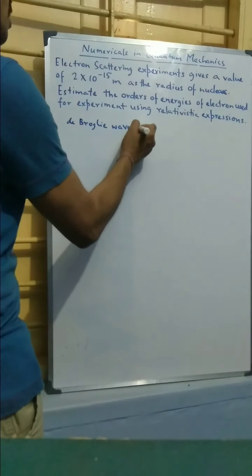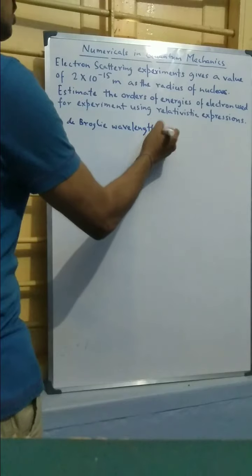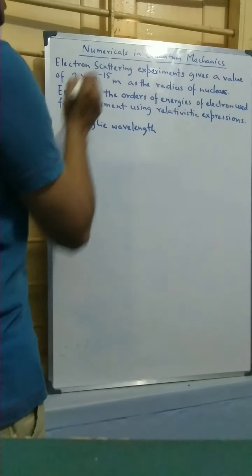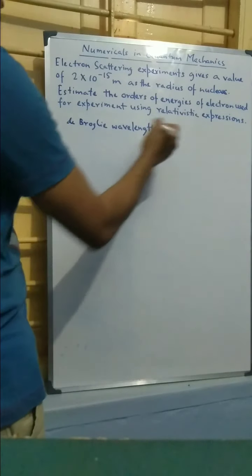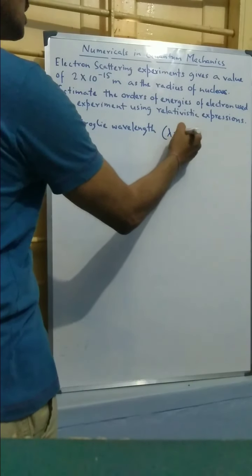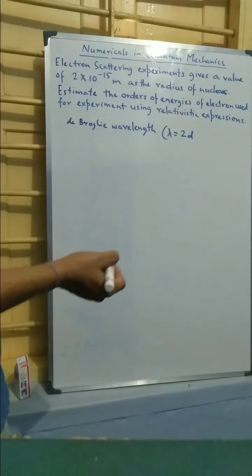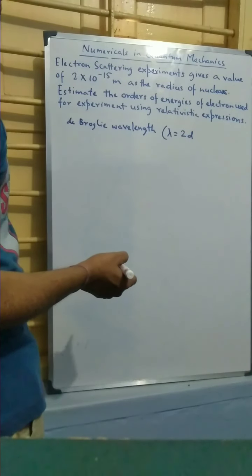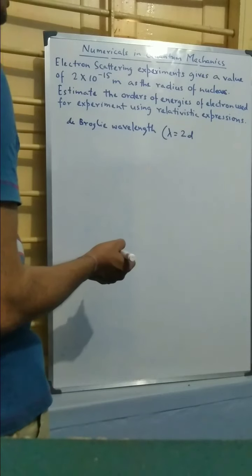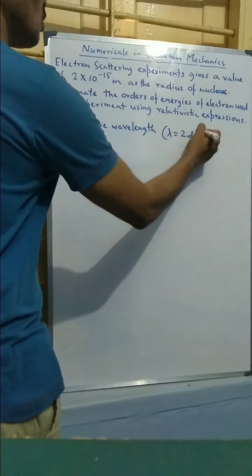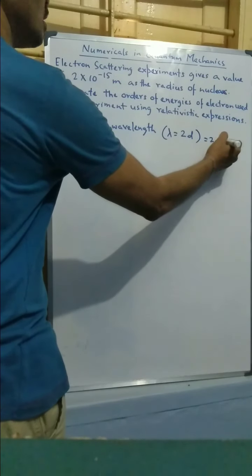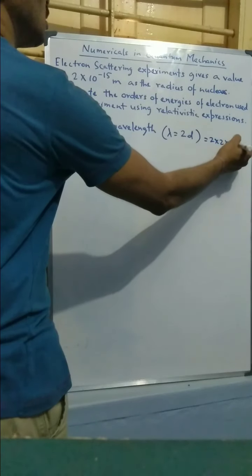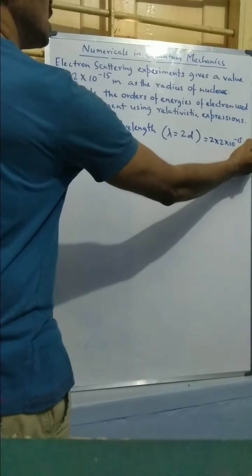The de Broglie wavelength of the electron, how much could that be? To measure a distance d, we know from the diffraction experiment that the resolution condition is 2d sine theta, and the maximum value of sine theta is 1, so lambda must be equal to 2 times d. So we can say that this is equal to 2 times 2 into 10 to the minus 15 meter.